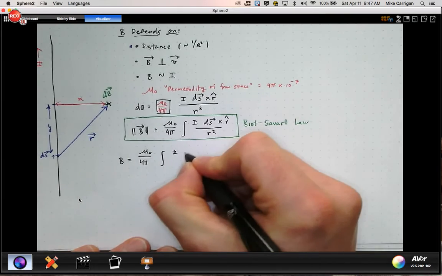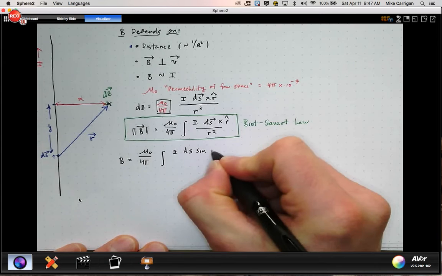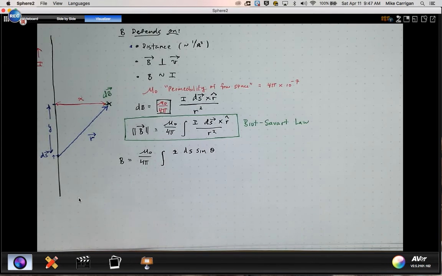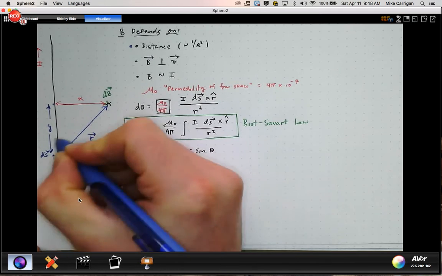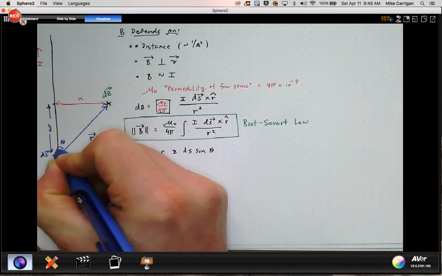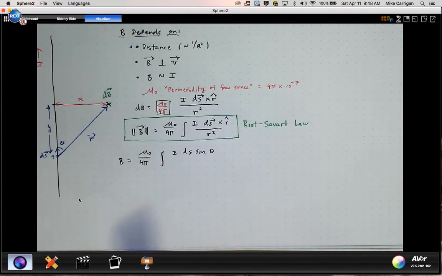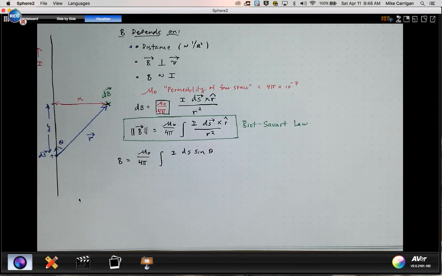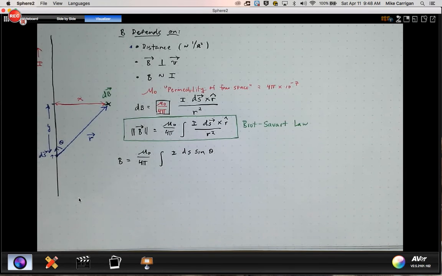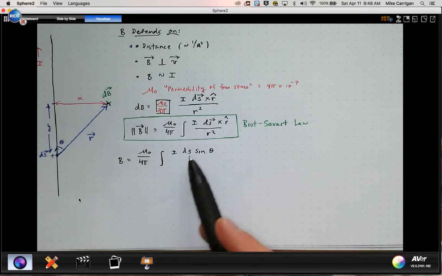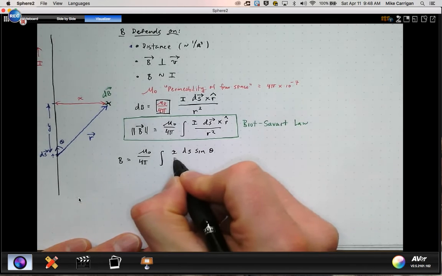So I could write this as ds times the sine of theta. Theta is this angle. It's the tail-to-tail angle between ds, which is this way, and r, which is that way. So theta is always the tail-to-tail angle between the two vectors in the cross product. Since R roof has a magnitude of 1, I don't need to put r in here. I can just rewrite the whole cross product as simply ds sine theta, and that's all going to be over r squared.